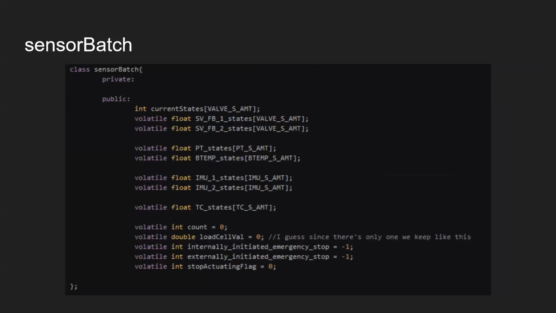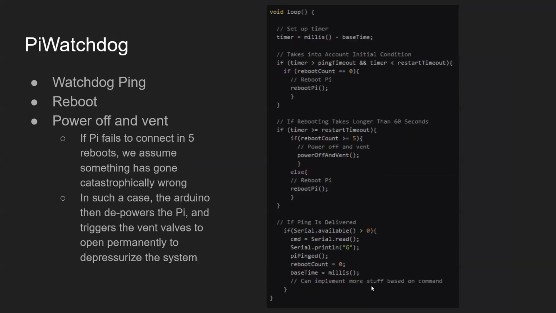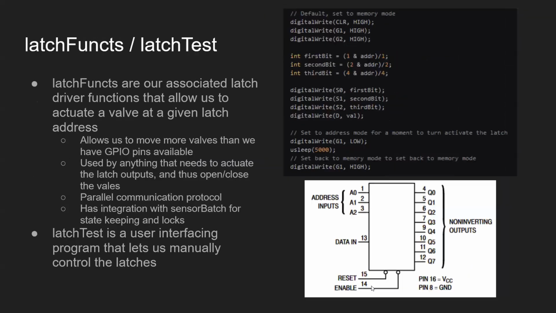If this flag at the bottom turns to 1, then latch is disallowed from actuating the valves. It doesn't do anything, even if you call the latch update. And this is what we use in our hotfire scripts, so that even if the script is still running, if we set that lock on it, then the scripts can't actuate the valves.